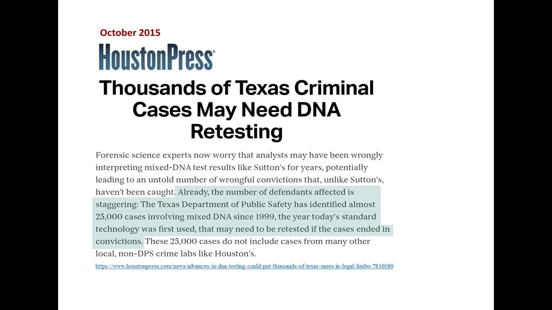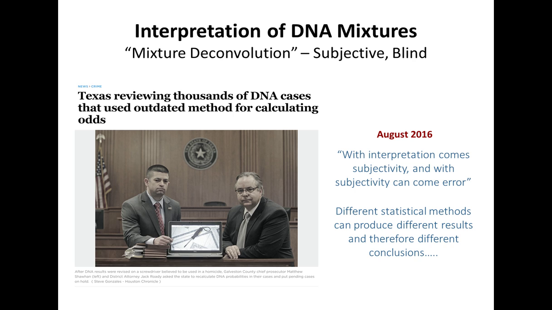They sent them letters and basically said, we've since identified that there are subjectivity issues with the way DNA mixtures are interpreted, and this hence may be grounds for an appeal for you or a new trial. And so this was huge in the state of Texas.